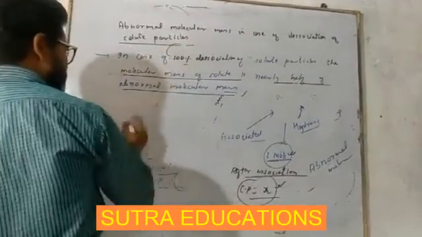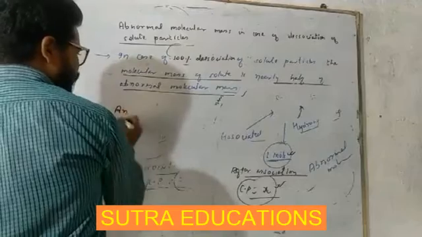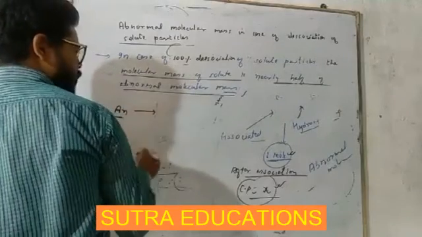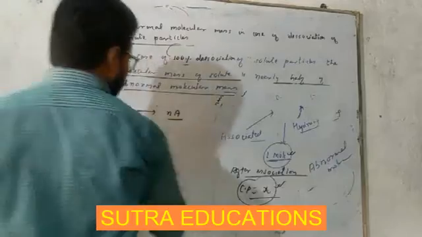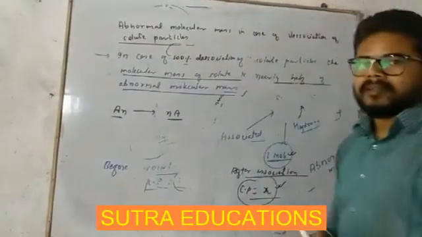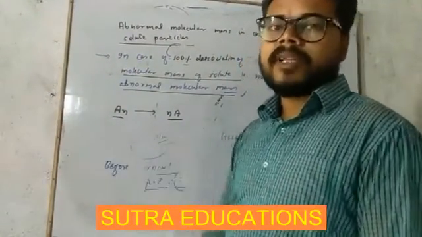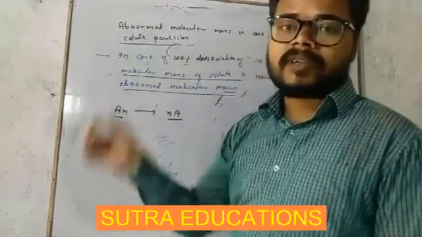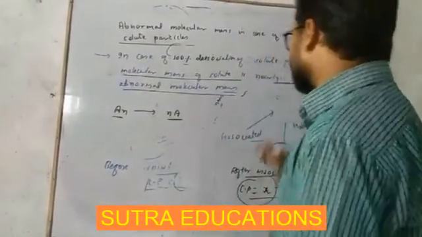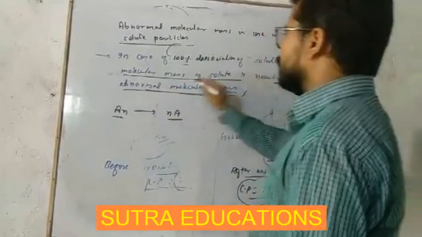Because in this case, if a solute particle such as NaCl is being dissolved, then it is dissociating into Na+ and Cl-. And that's why we say colligative property is increasing. So if colligative property increases, then abnormal molecular mass will decrease, and that's why here abnormal molecular mass is nearly half of molecular mass.